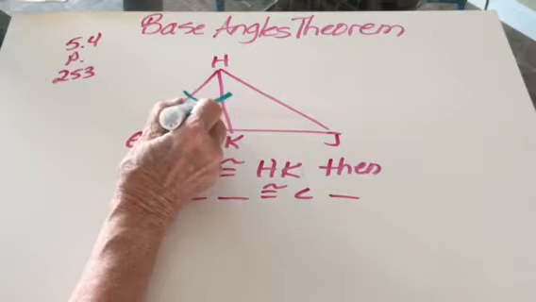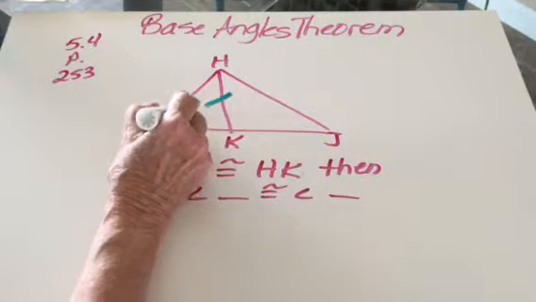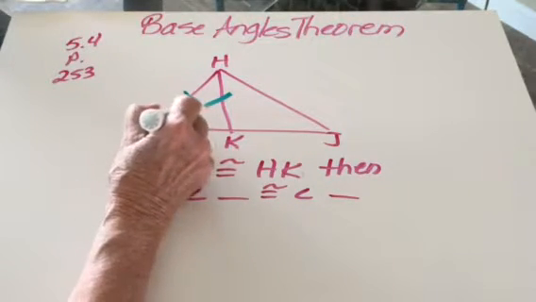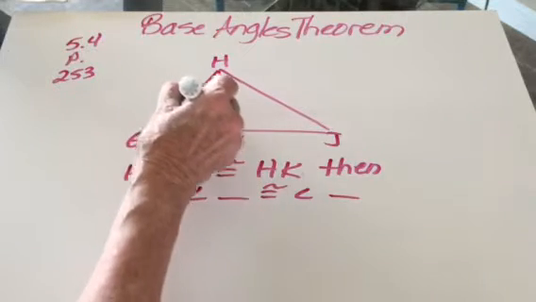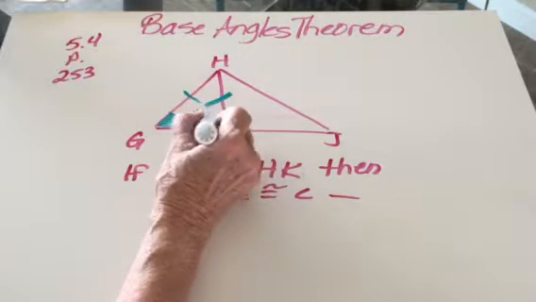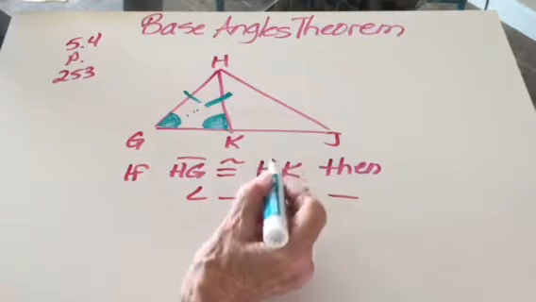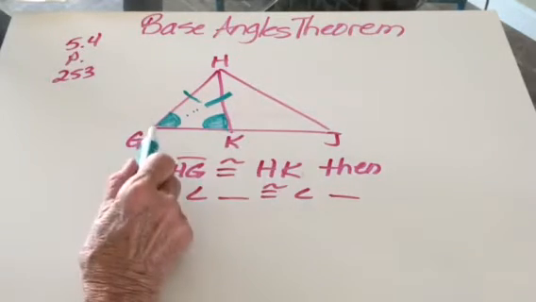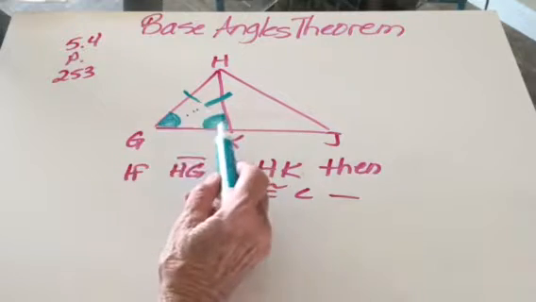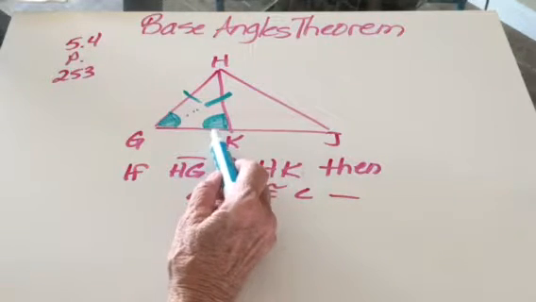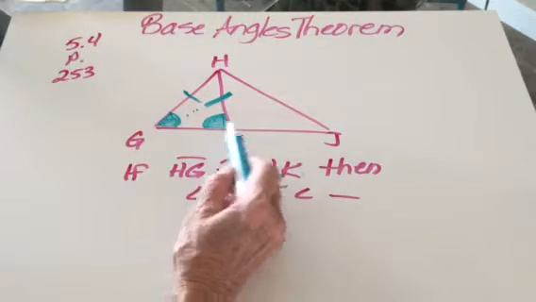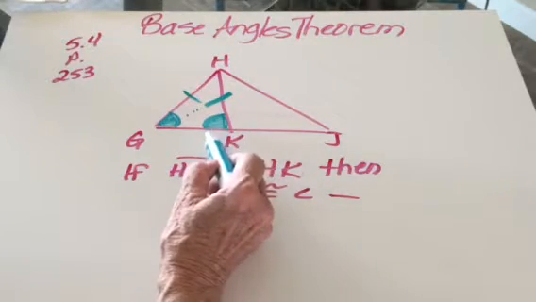Now what are the two angles that are going to be the same? Well, isn't it going to be this guy here and this guy here, the ones that are right across? I could call this angle G, but do you understand that I can't call that angle K? Because there's more to K than just that part.